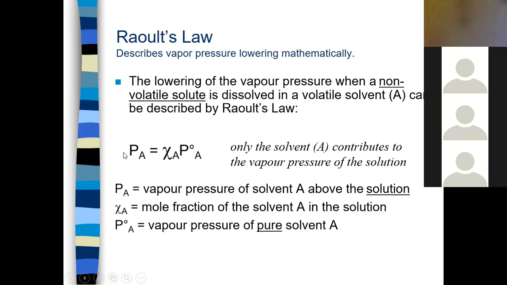If you measure this in the lab, and you know the vapor pressure of the pure liquid, which you can look up in a book or on the internet, then you can calculate the mole fraction of solvent in your solution. In other words, carefully measuring vapor pressure above a solution lets you determine the concentration of your solution, right?